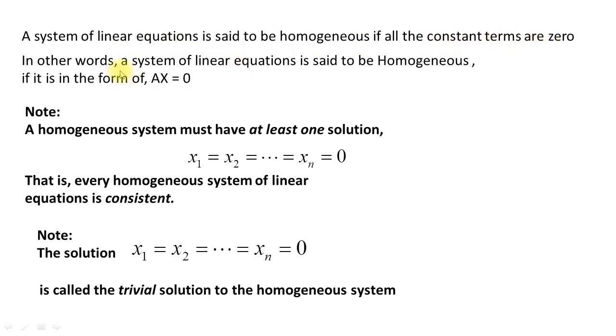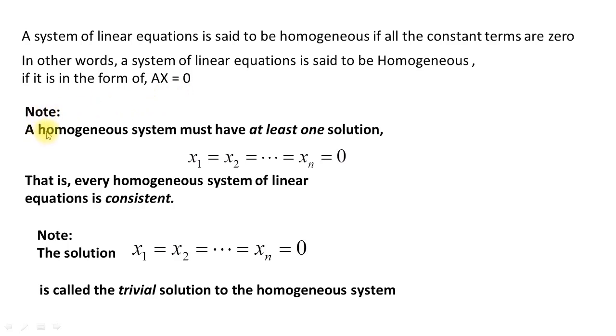In other words, a system of linear equations is said to be homogeneous if we can write the system in matrix form Ax equal to the zero matrix. So all the constant terms in a homogeneous equation are 0.